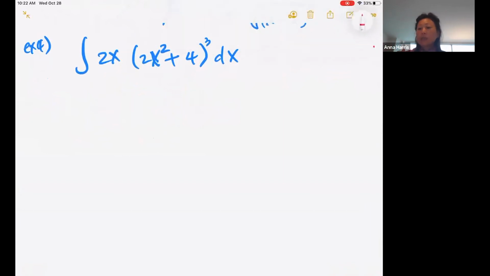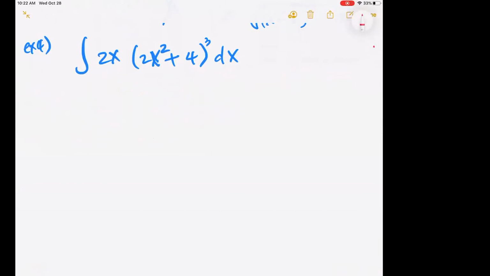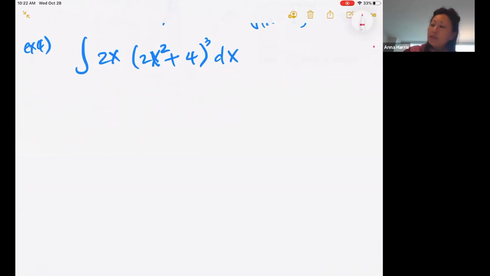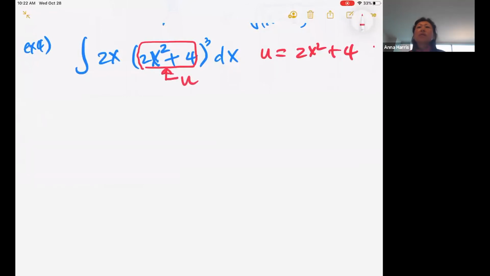Okay, any volunteers? What should my u be? The u is what's in parentheses. That's right, that's the logical choice. So u would be 2x squared plus 4, inside the parentheses.